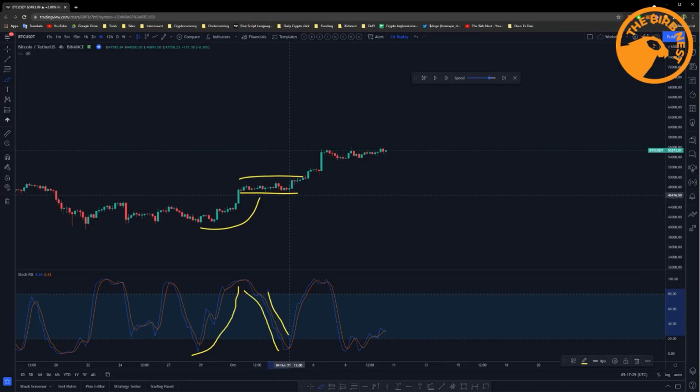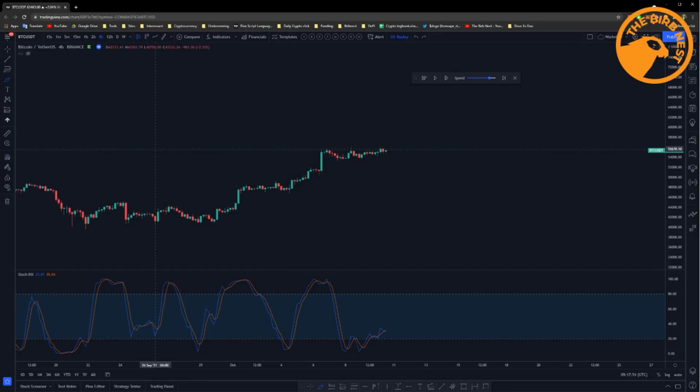And when the momentum finally picks up again, that's where the stochastic RSI crosses. So here's that moment where the momentum picks up, and here's that momentum also showing in the stochastic RSI. And that's really amazing, because you get a signal that the trend is continuing after a pullback.